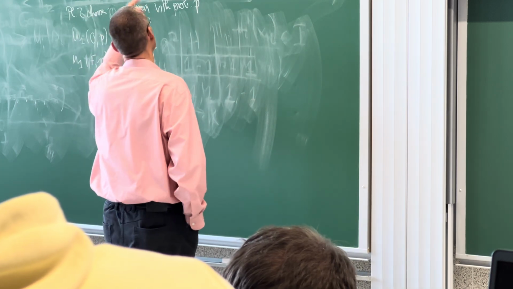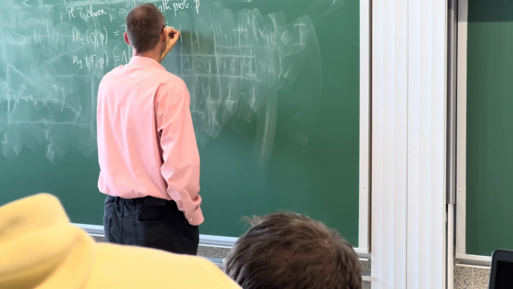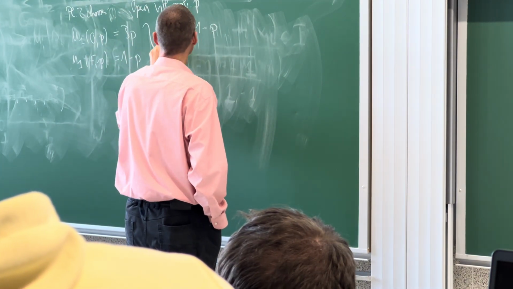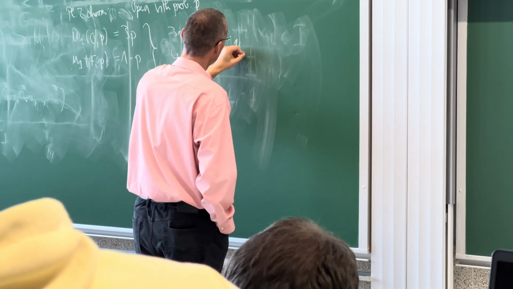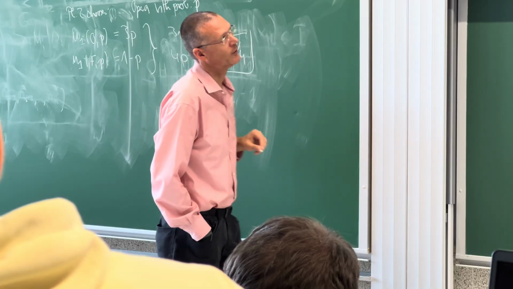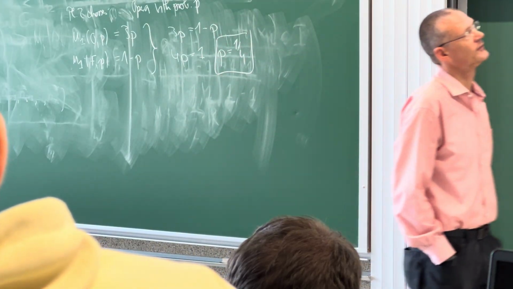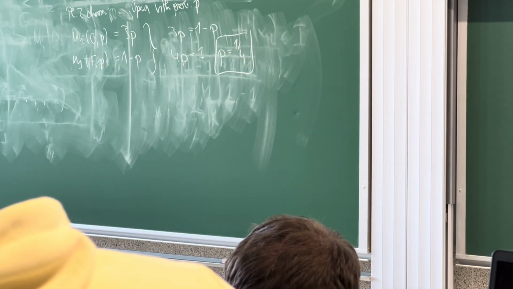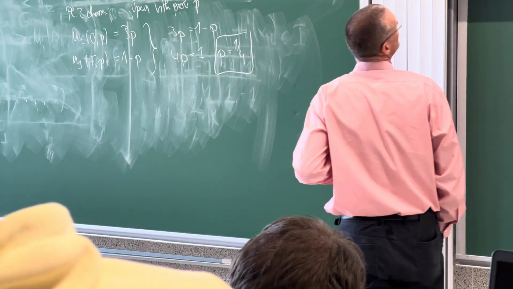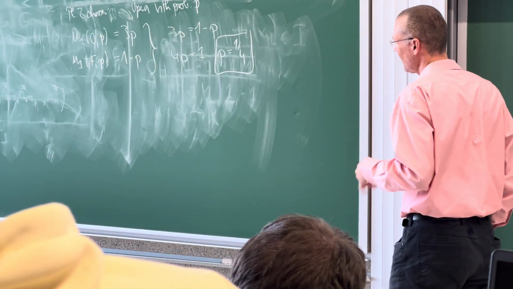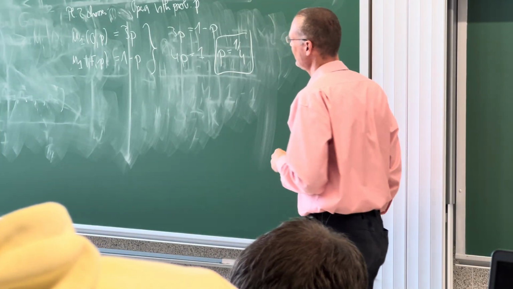Calculated, it's the same as before: 3P equals 1 minus P, so 4P is 1, and P is 1 quarter. Player 2 chooses opera with probability 1 quarter, which is the higher payoff for player 1, so a lower probability of opera, and football with 3 quarters, which is actually nice because he has a higher probability of the event that he likes better.